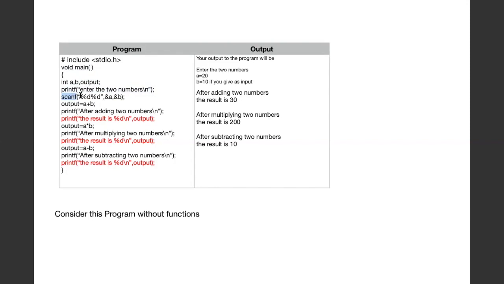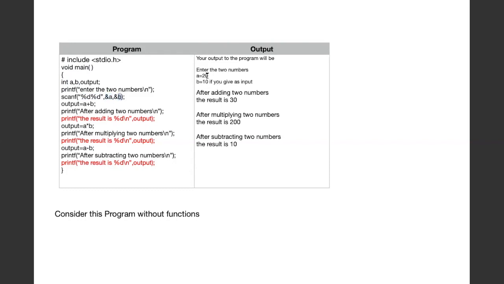As we are reading two variables and storing the values in a and b, we use two format specifiers. The format specifiers tell what type of data a and b can hold. Since a and b are integers, the input should be entered in integer format, and those values will be saved in variable a and variable b.